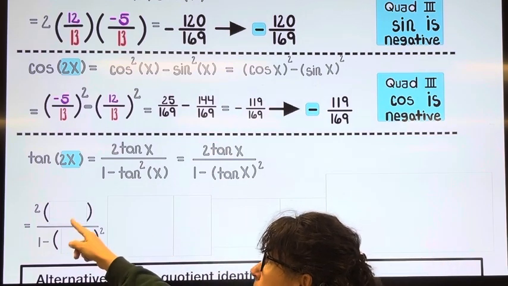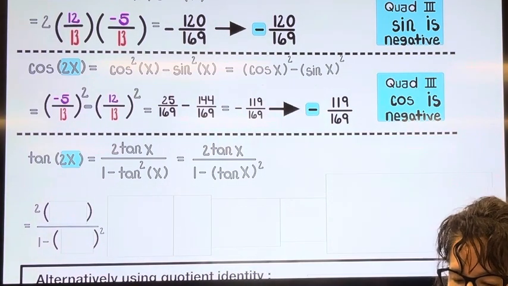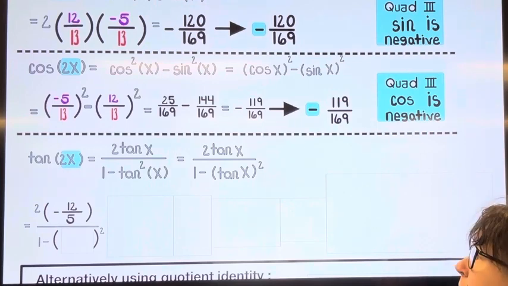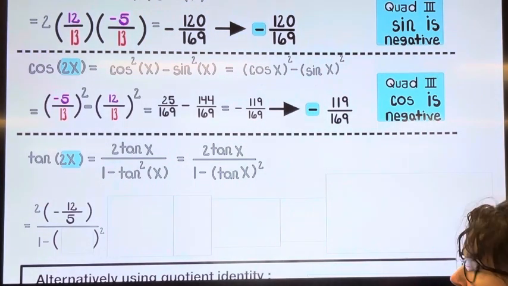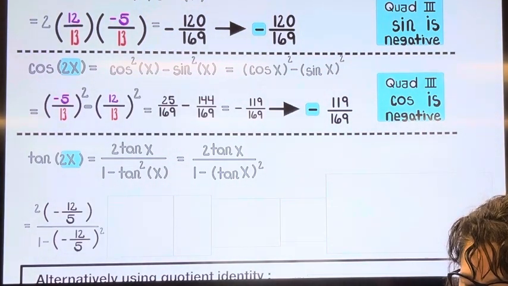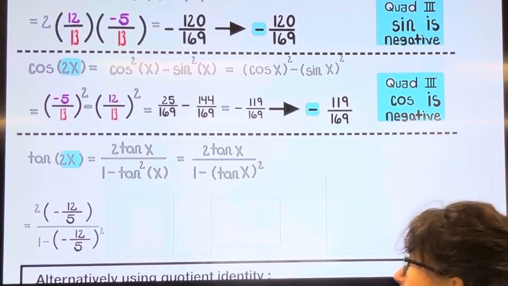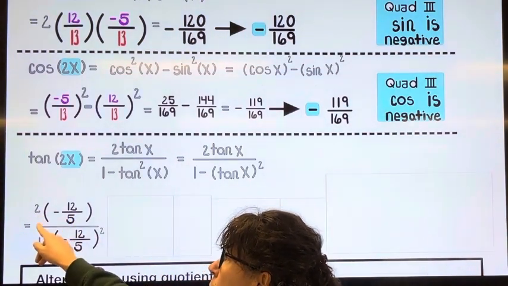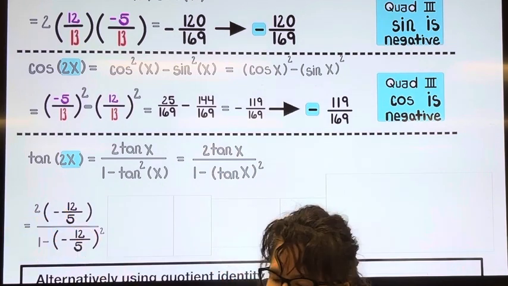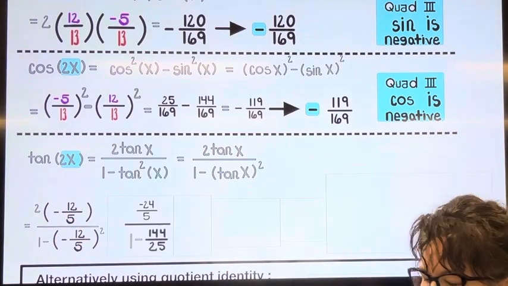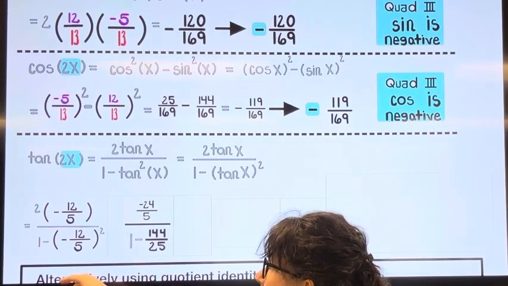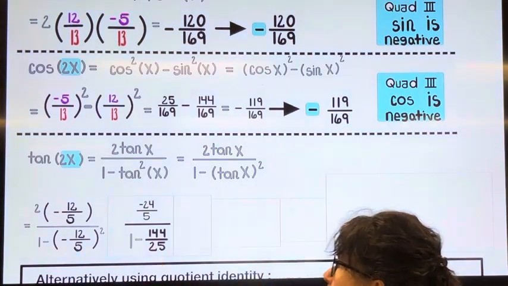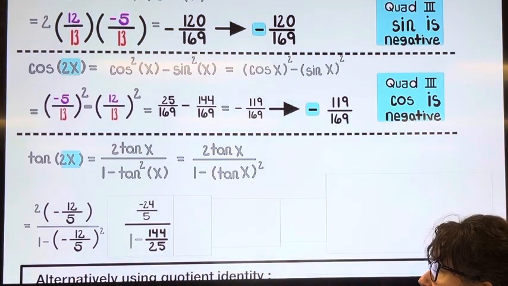So 2 multiplied by the tangent of x, looking up there at the given information, I know tangent of x is negative 12 over 5. Okay, then if I multiply 2 times negative 12 over 5, that's 2 over 1. So I end up with negative 24 over 5. And then negative 12 fifths times negative 12 fifths is my 144 over 25.